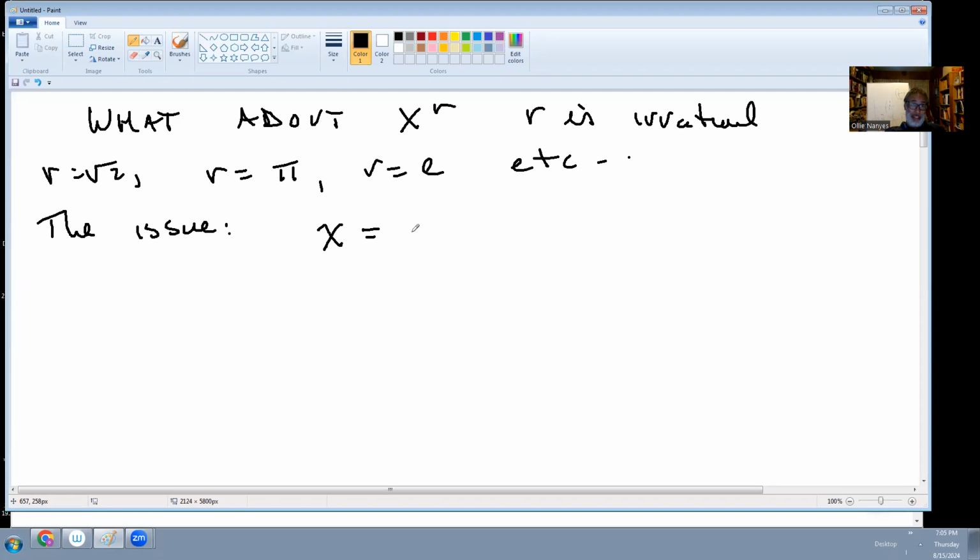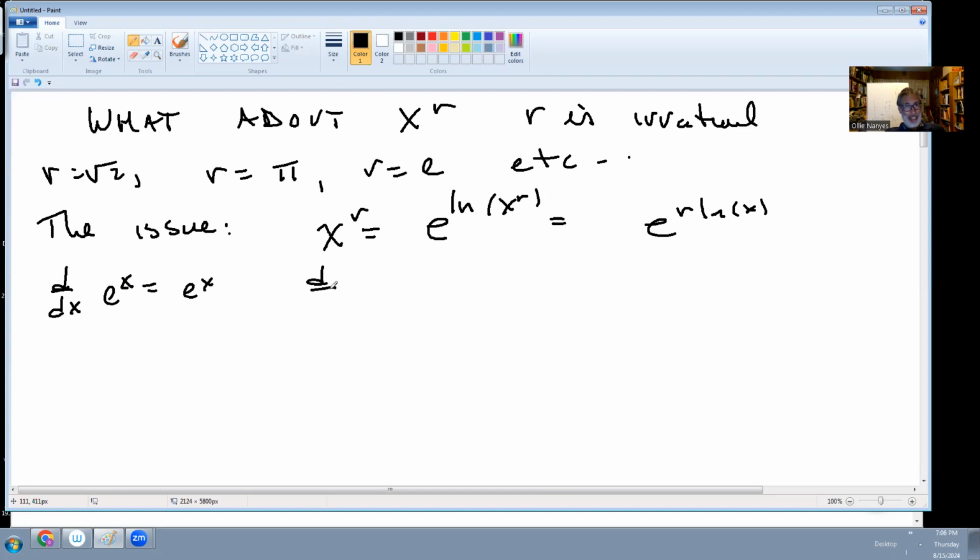And then x to the r, you would write as e to the natural log of x to the r, and you might not know what that is. Or you might know that from pre-calculus. So that's a case. And then you have to use the following facts. The derivative of e to the x is e to the x. The derivative of log of x is 1 over x.